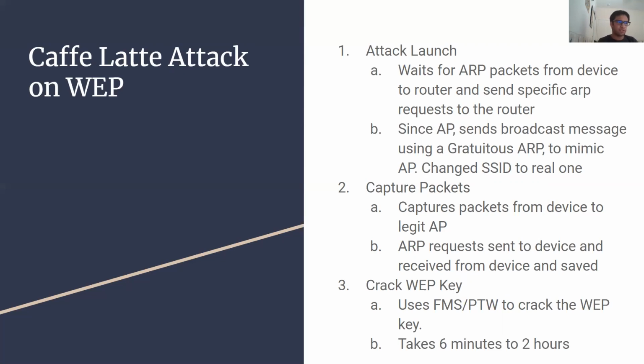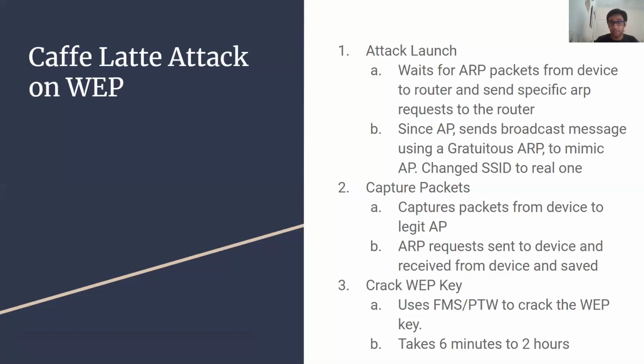Then the next step is to capture the packets. You have to capture the packets from the device to the legit AP. Then, as the ARP requests are sent to the device, you receive those packets, and then you save those packets.